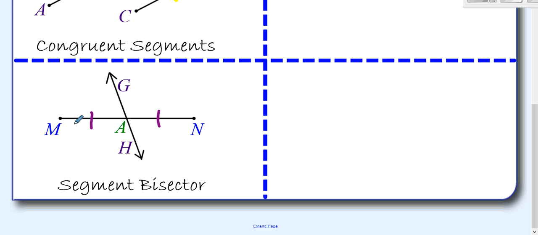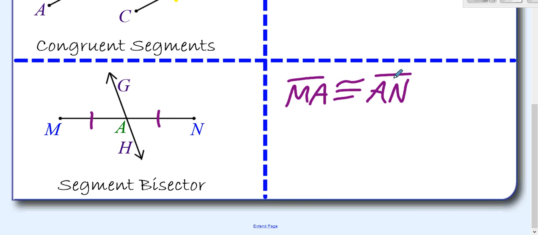If it bisects, it cuts it into two equal pieces. So that means that MA is congruent to AN.